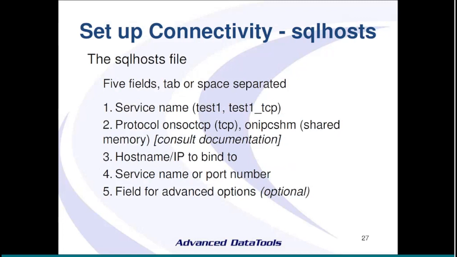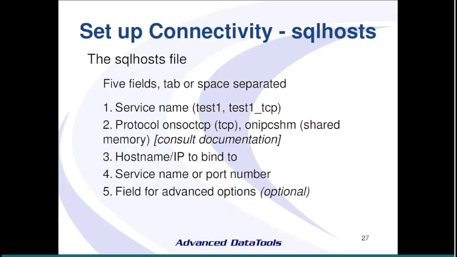It's fairly forgiving. The first field is your service name. This is the instance name and the instance alias; you'll actually define your service name in a minute for the instance. The second thing is your protocol. There's a number of these. Consult your documentation. On Linux, it's onsoctcp, so it's your socket connections on TCP.